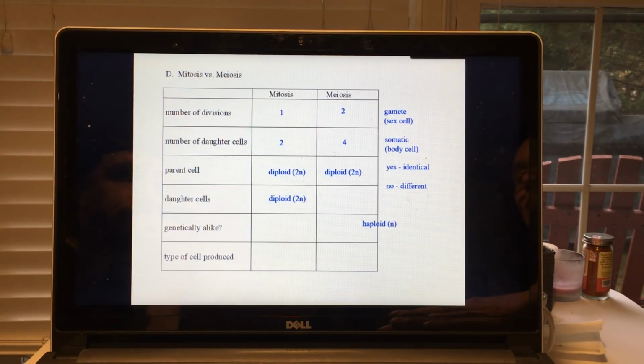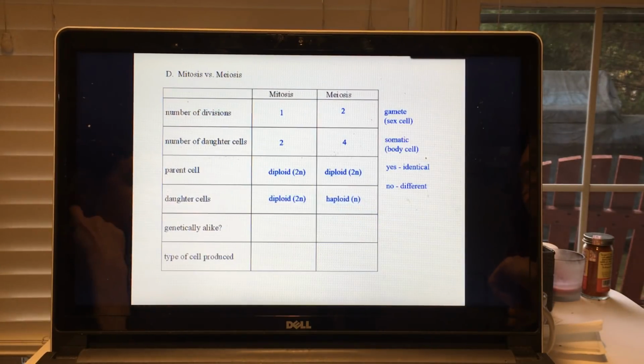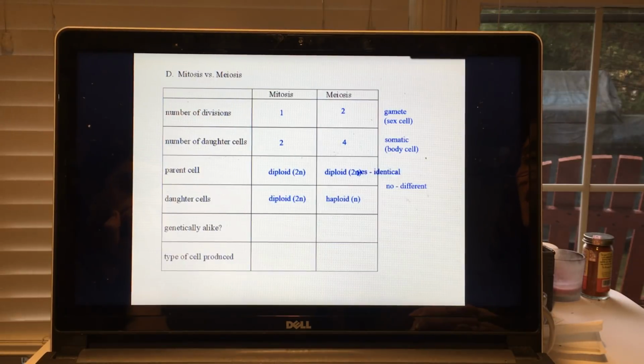At the end of meiosis, you have haploid cells that have half the normal chromosomes, so that when fertilization takes place, you have the normal number of chromosomes again. And then at the end of mitosis, the cells are genetically identical, and at the end of meiosis, the cells are all different because of random assortment of homologous chromosomes and crossing over.